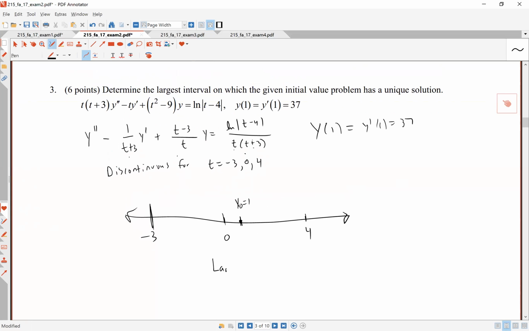Largest interval is 0, 4. Largest interval containing t not equal to 1 where the coefficients are continuous is 0 to 4.